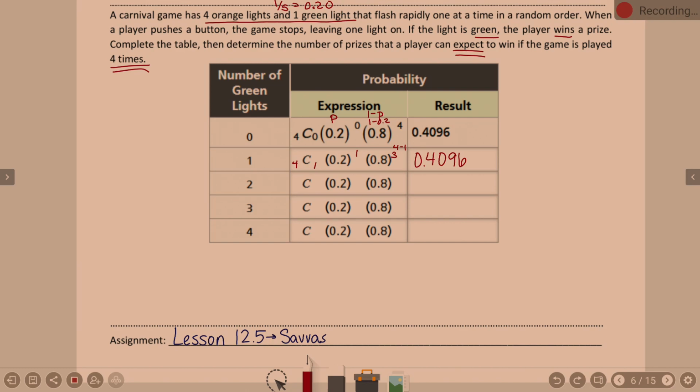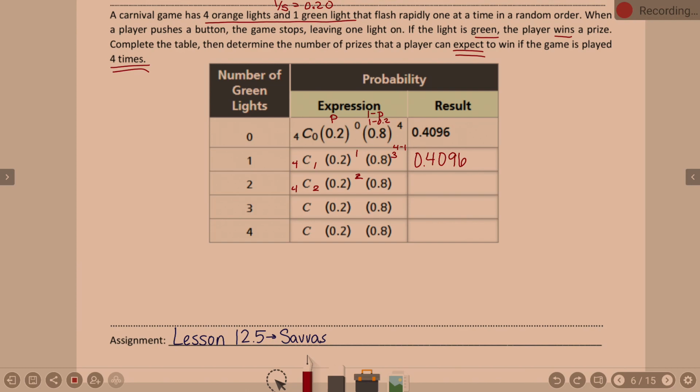Okay, keep going. Now, chance that twice you'll have a green light. So, combination of picking from 4 times, 2 times winning. 2/10 probability of winning raised to the 2nd, raised to the R. 8/10 probability of losing.